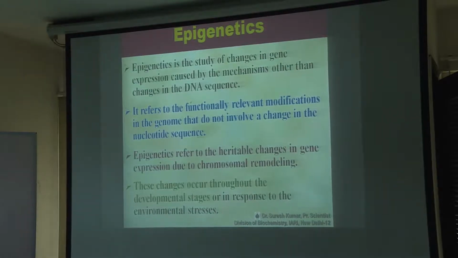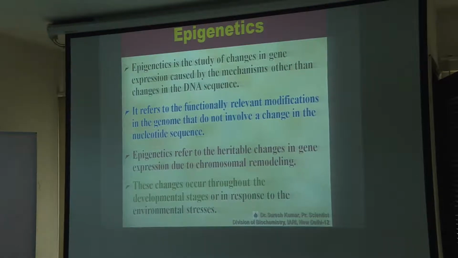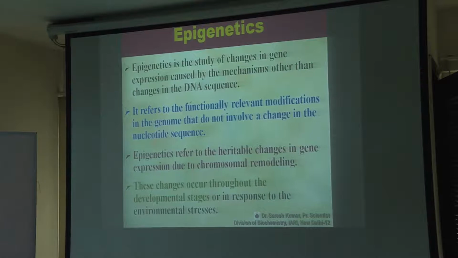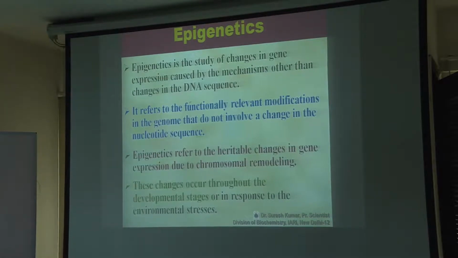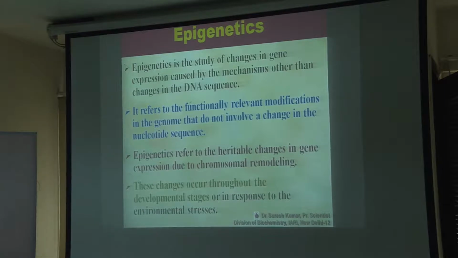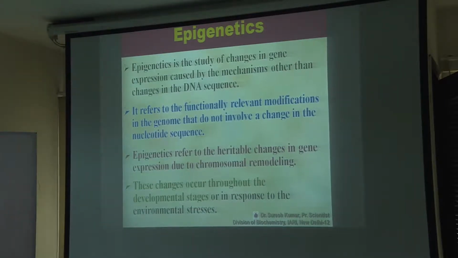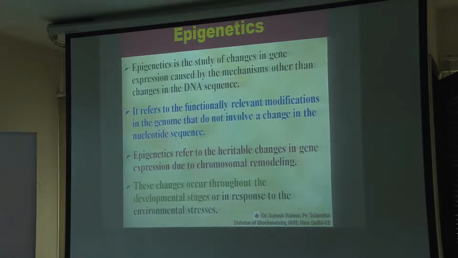And if you remember, the law of Darwin, whatever he proposed, was well accepted, and everybody started saying that whatever was proposed by Lamarck is not true, because he could not give evidence of inheritance of acquired characters.